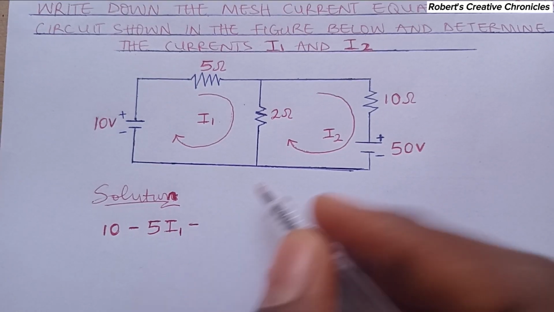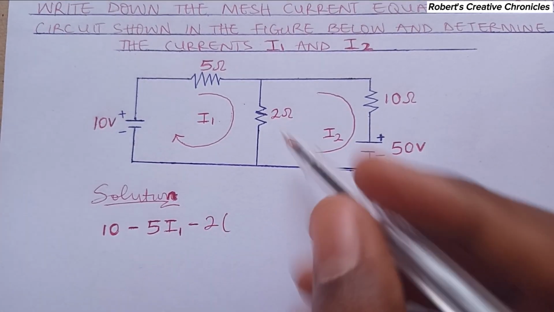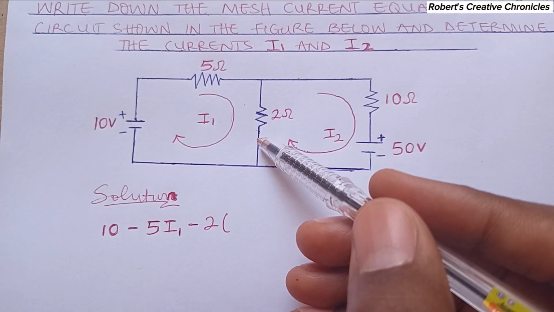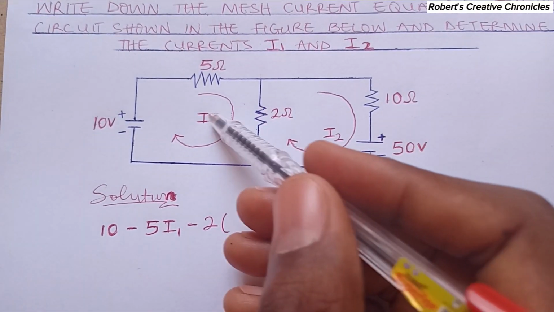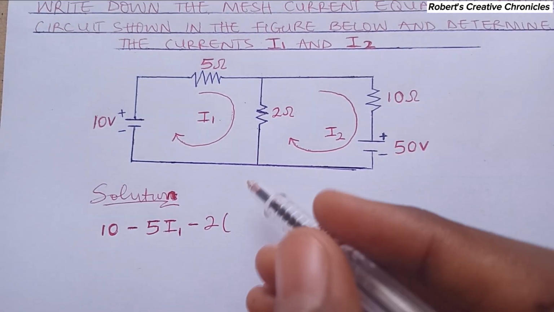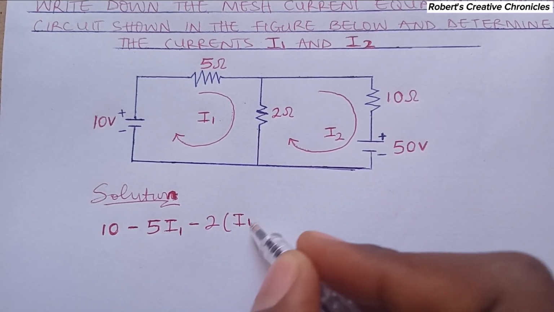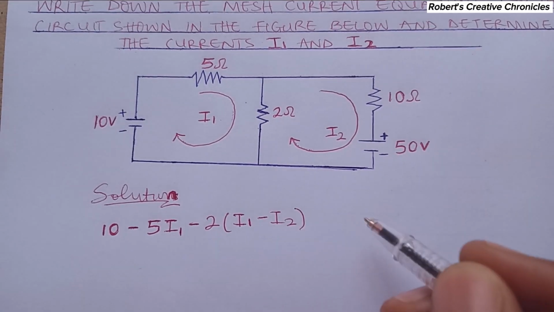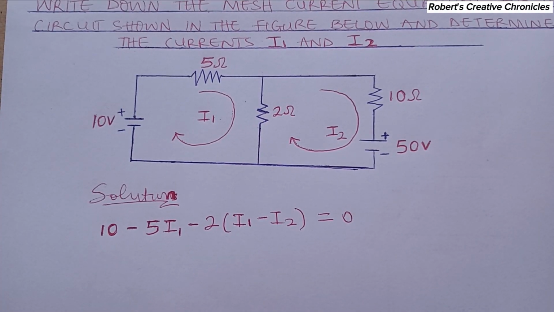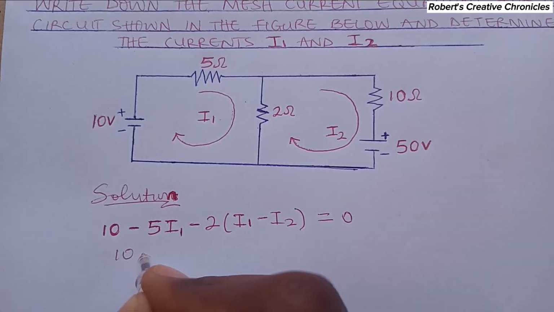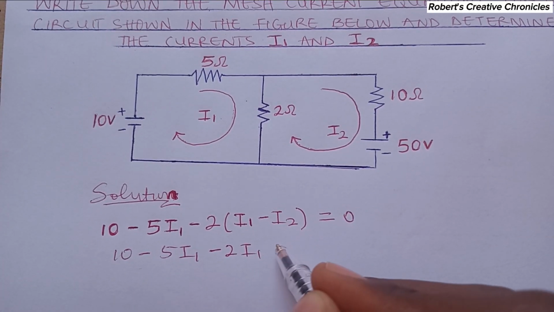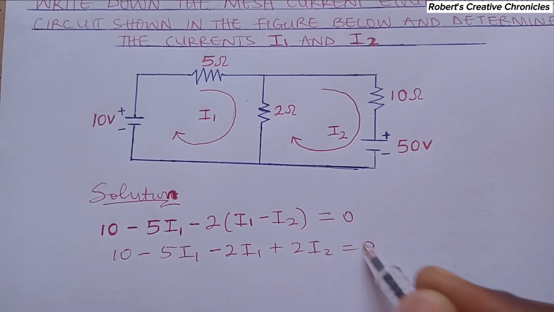So negative 2, then since 2 currents are meeting, one is flowing from here downward and another one is moving upward. So this I1 and I2 are moving against each other. The equivalent current is the difference between the two, which is I1 minus I2, equal to 0. So this is the KVL. We can reduce this to become 10 minus 5I1 minus 2I1 plus 2I2 equals 0.